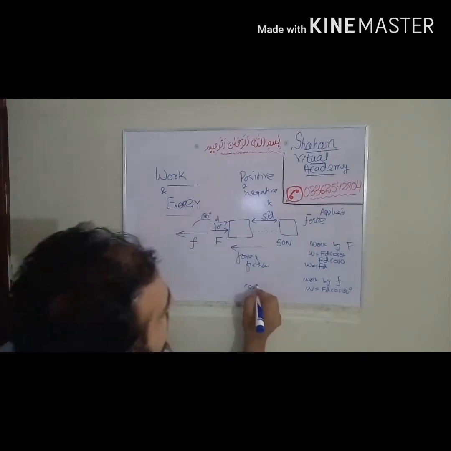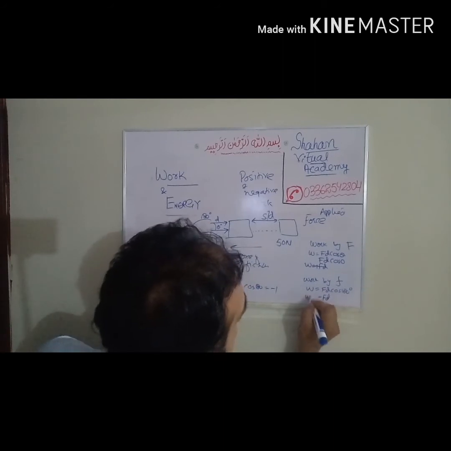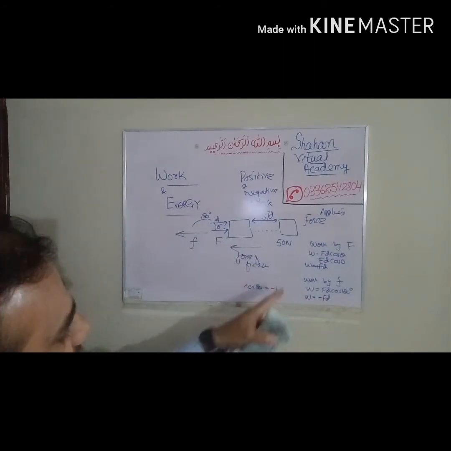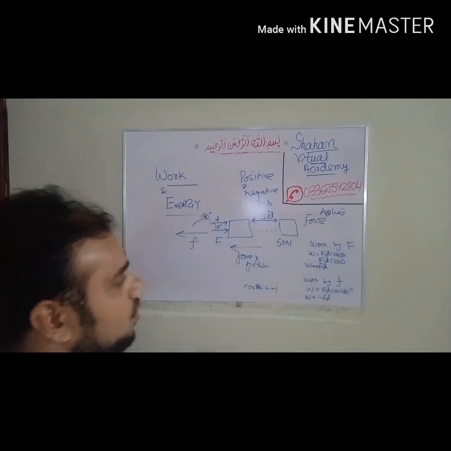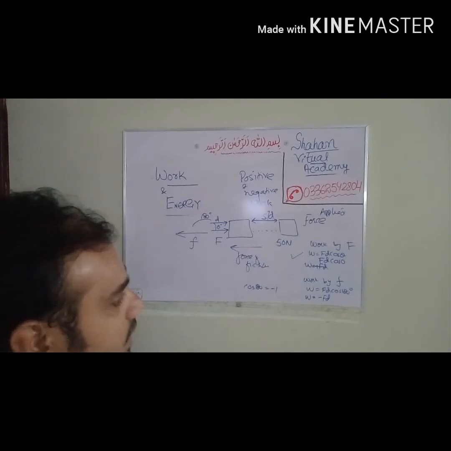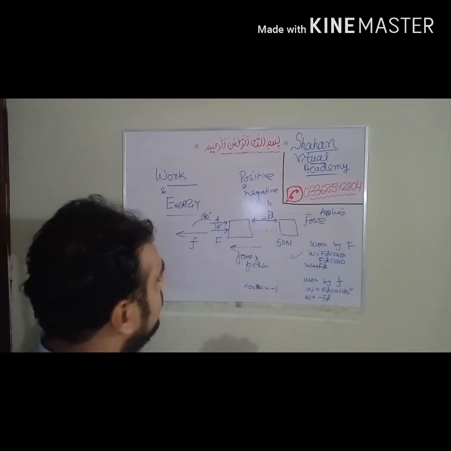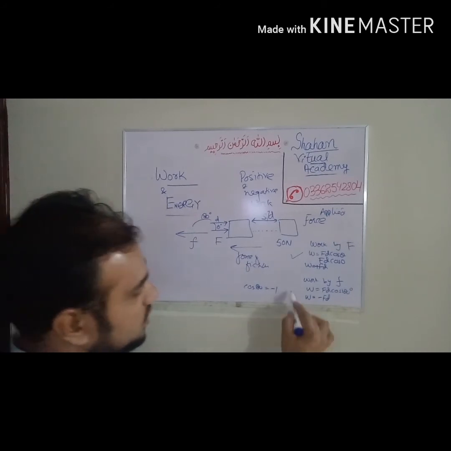What is cos 180? It is always negative, so the work is negative. Work done by the applied force is called positive, and work done by the force of friction, whose direction is always opposite to the direction of displacement, is negative.